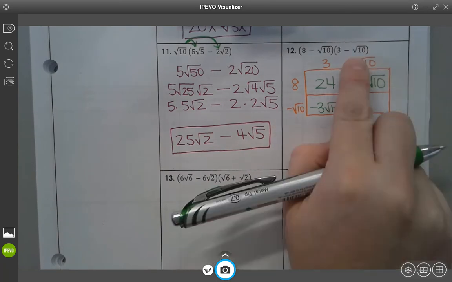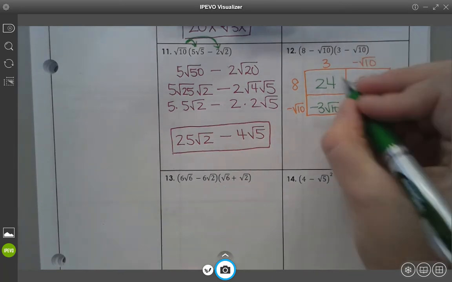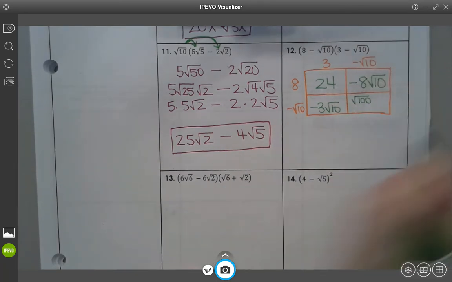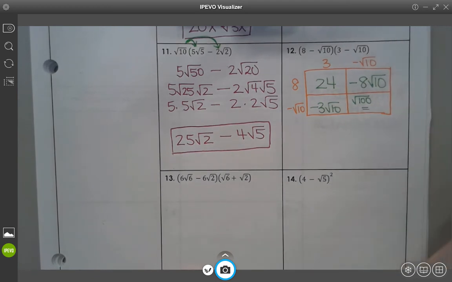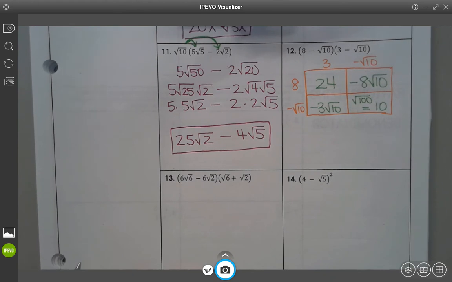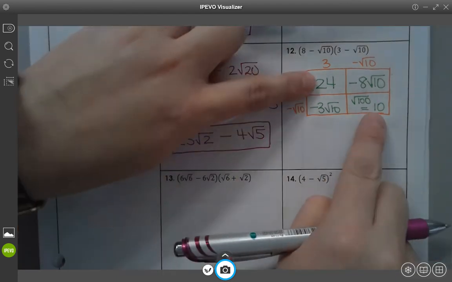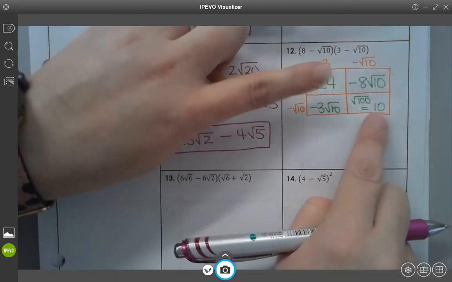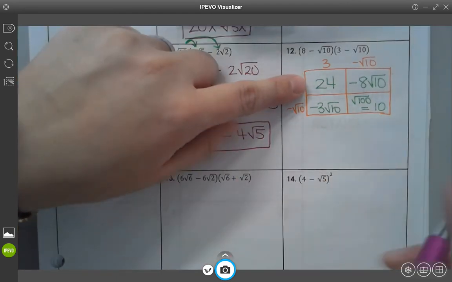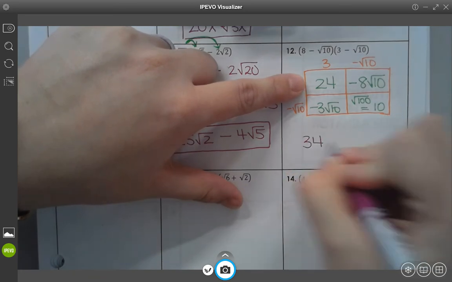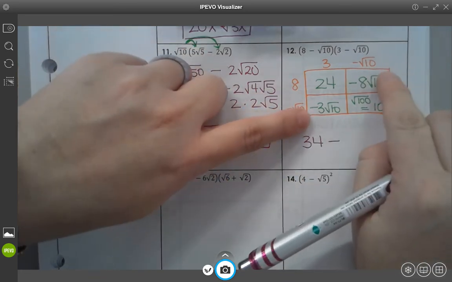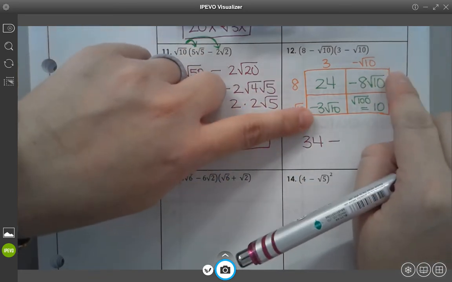So this one, negative times negative is positive, and then we have square root of 100. What is the square root of 100? 10. So that equals 10. So then my answer, these are like terms. 24 plus 10 is 34. Minus, these are like terms because they're both square root of 10.